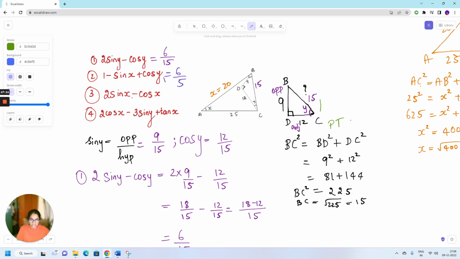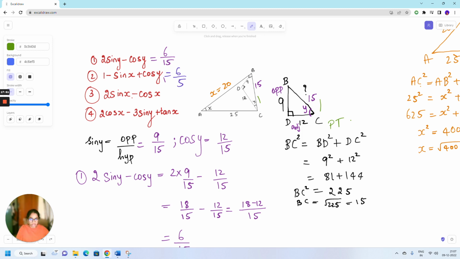Now, for sin x, the angle is x, so we have to take the triangle ABC. From the triangle ABC, if we apply Pythagoras theorem to find the side AB, we got 20. After finding sin x, we substituted that in the question. We substituted cos y, and after some small simplifications, we arrived at 6 divided by 5.